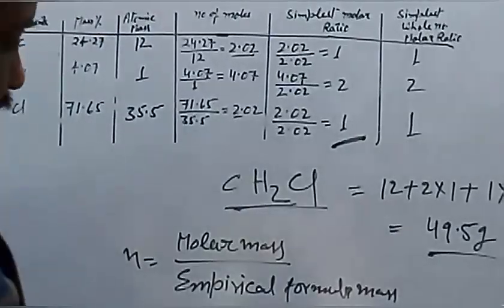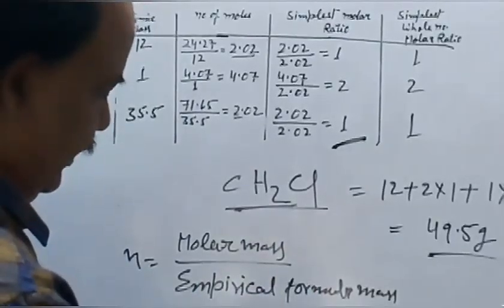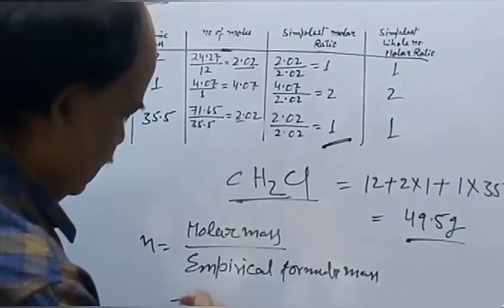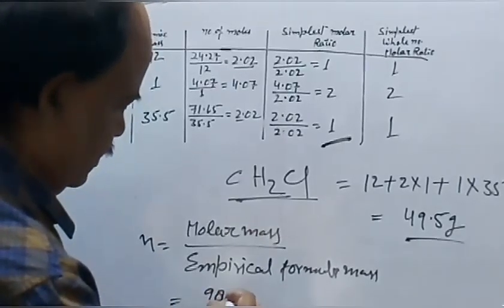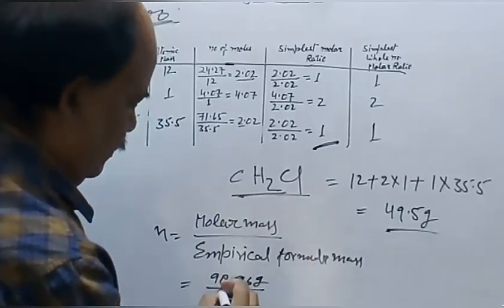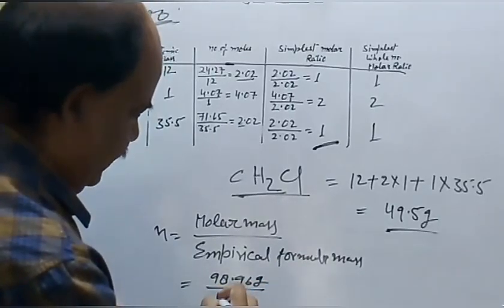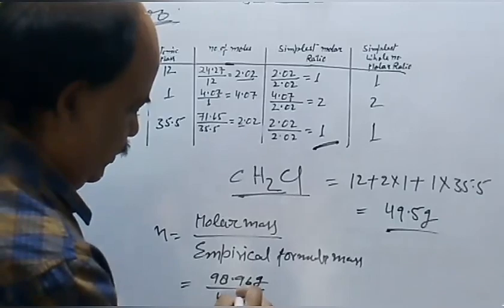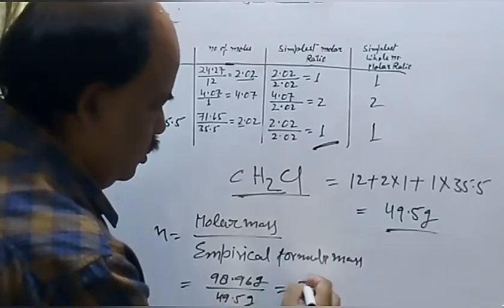Its molar mass is 98.96 gram and its empirical formula mass is 49.5 gram, so N equals 2.